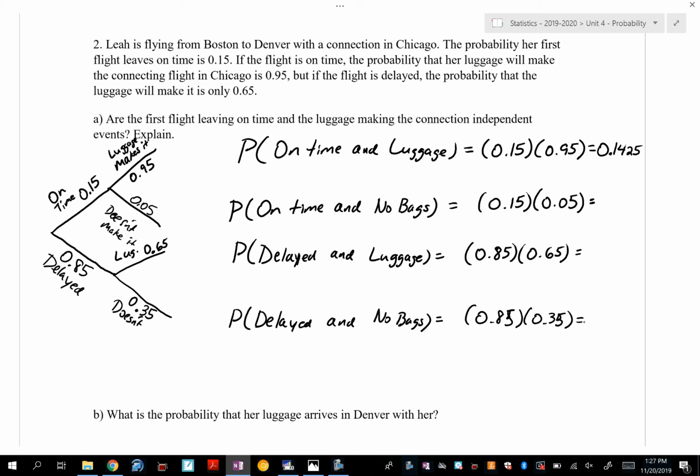Really, the main thing when you're making a tree is you start with 2 branches, and then each one extends with more branches. This scenario only had flight, on time or not, bags there or not. But there could be more after that, right? Did they make their dinner reservation? Now you've got even more branches.